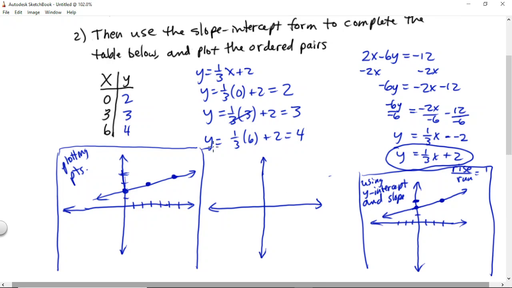And this one is using x and y intercepts.